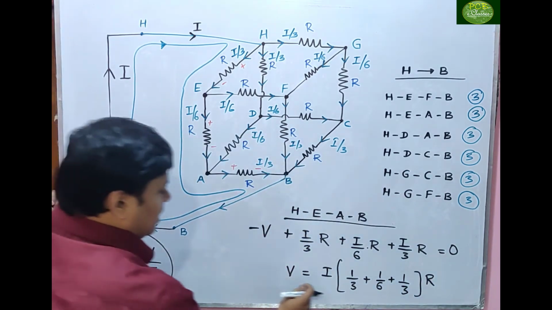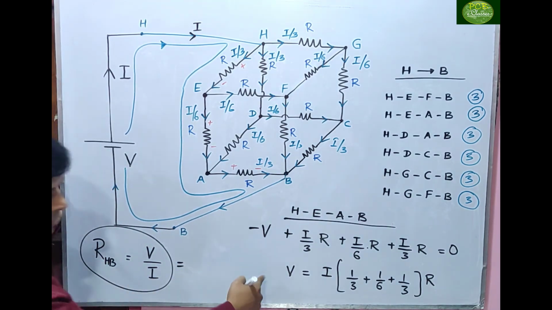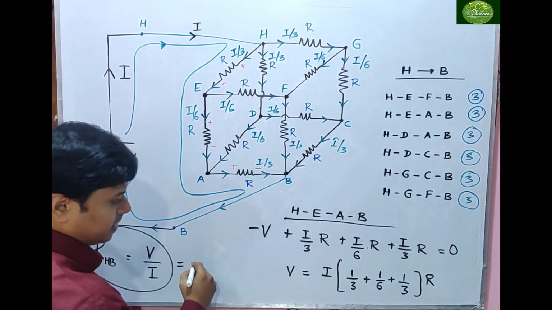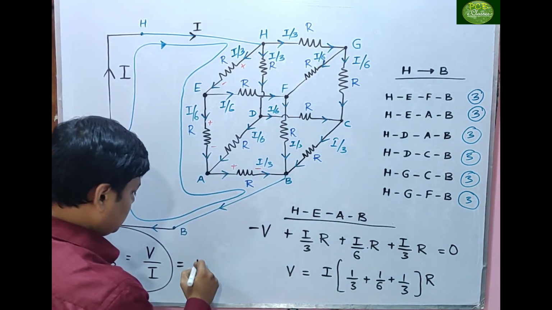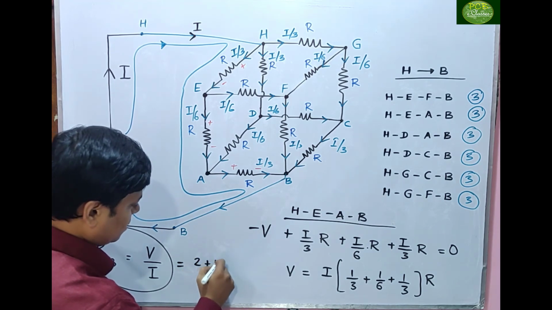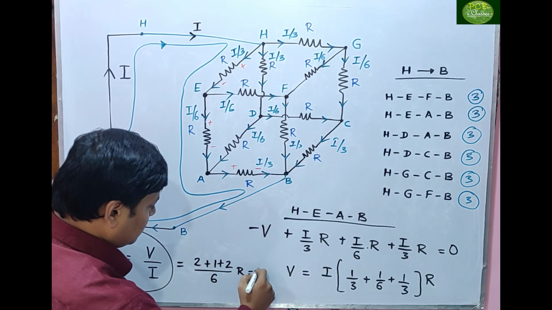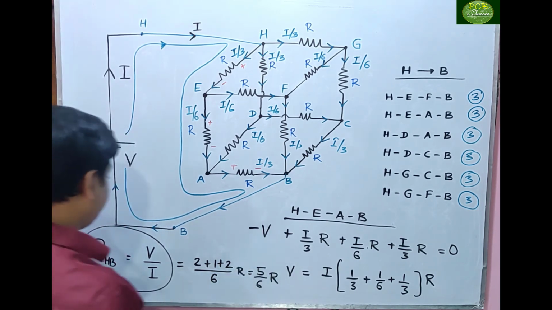So what will V by I be? This will be 2 plus 1 plus 2 divided by 6 R, which equals 5 by 6 times R. Right?